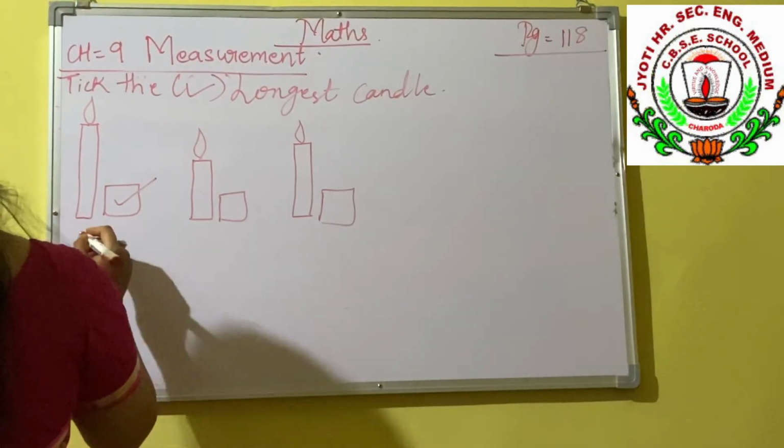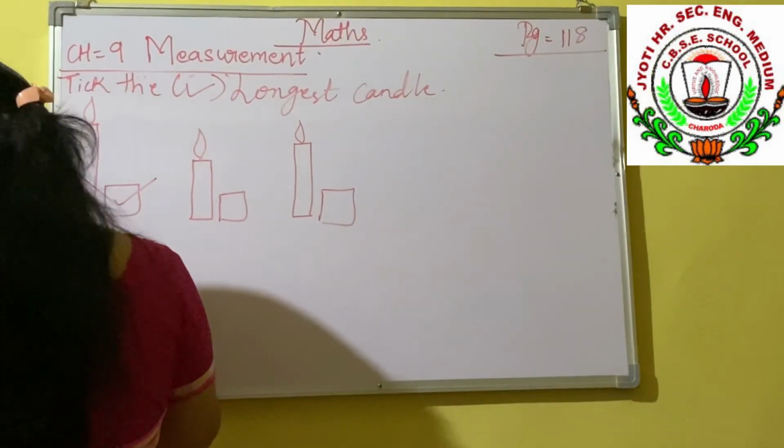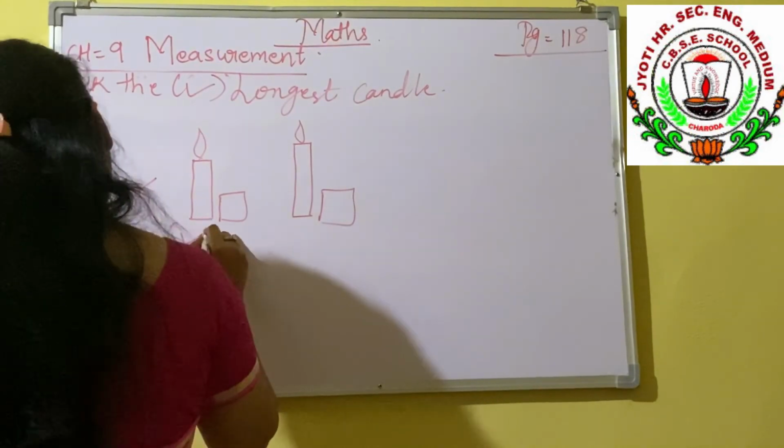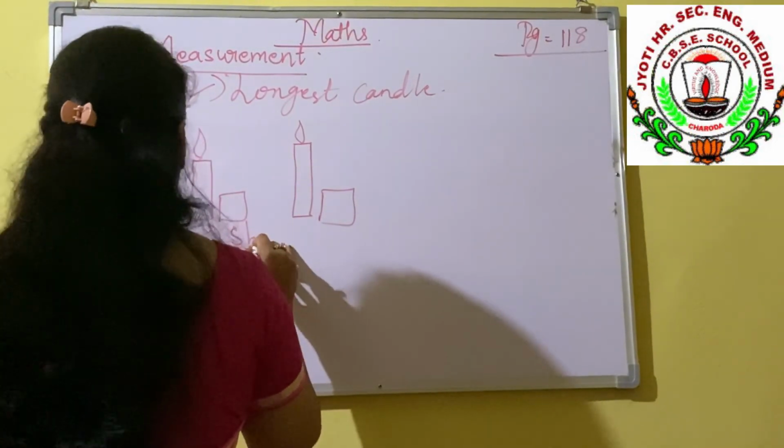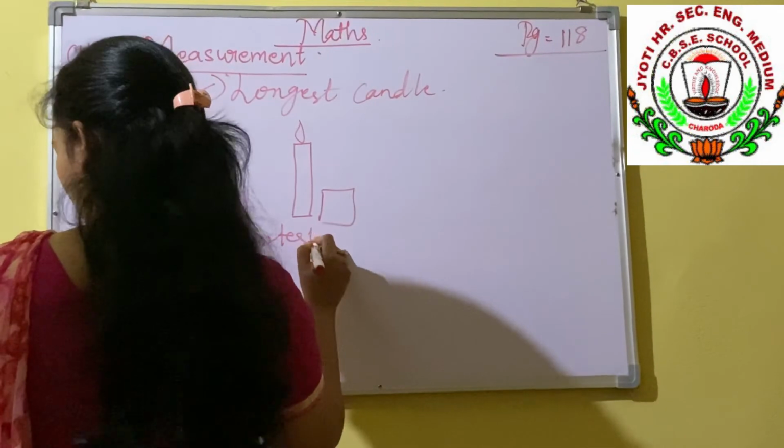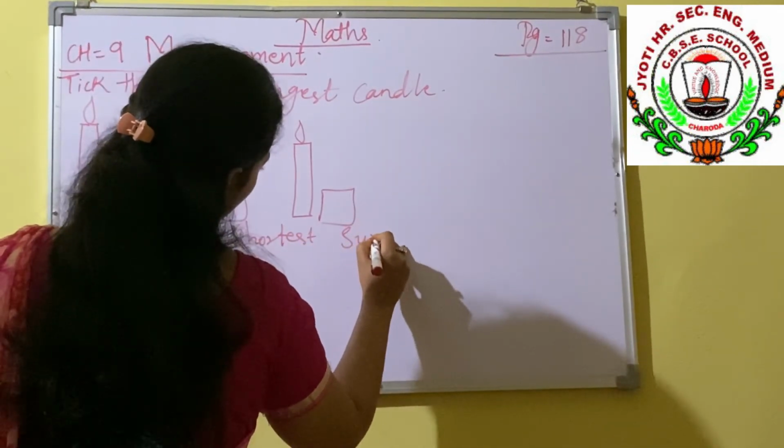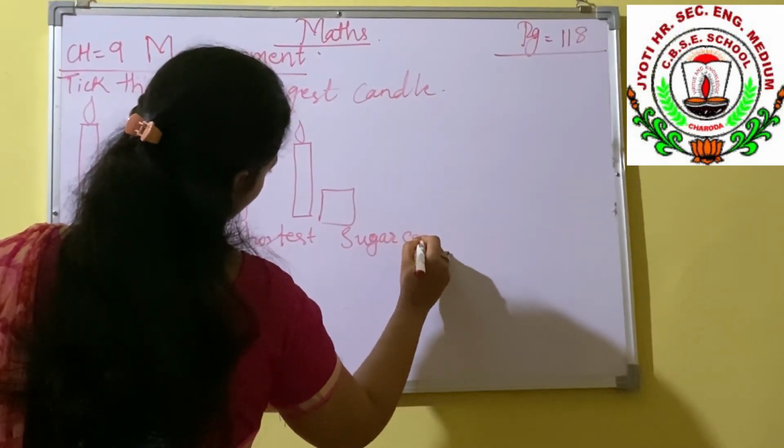Same in the second question. Take the shortest object, shortest sugar cane.